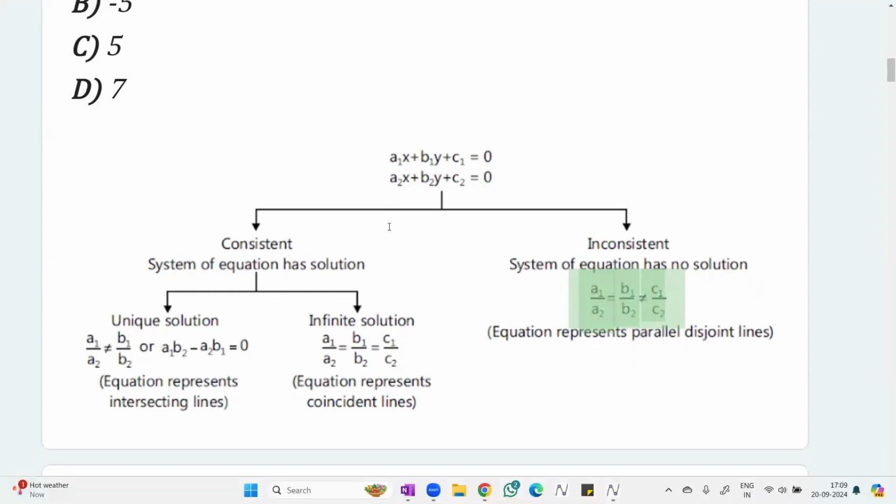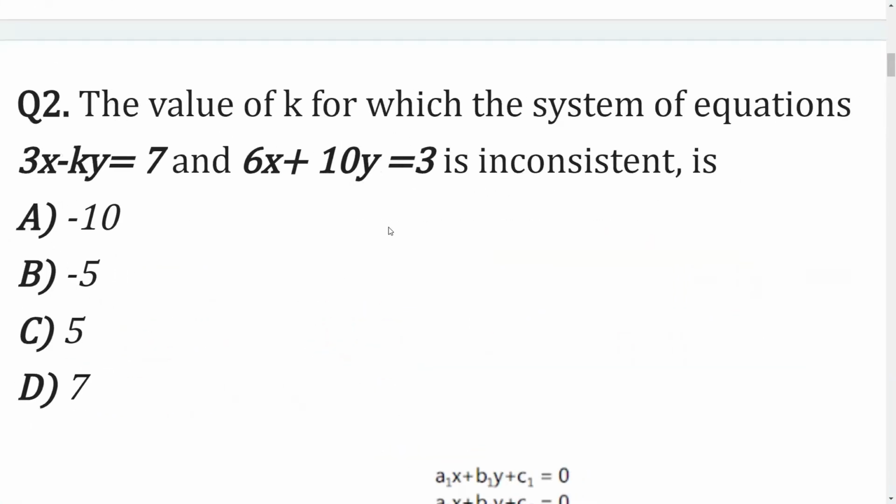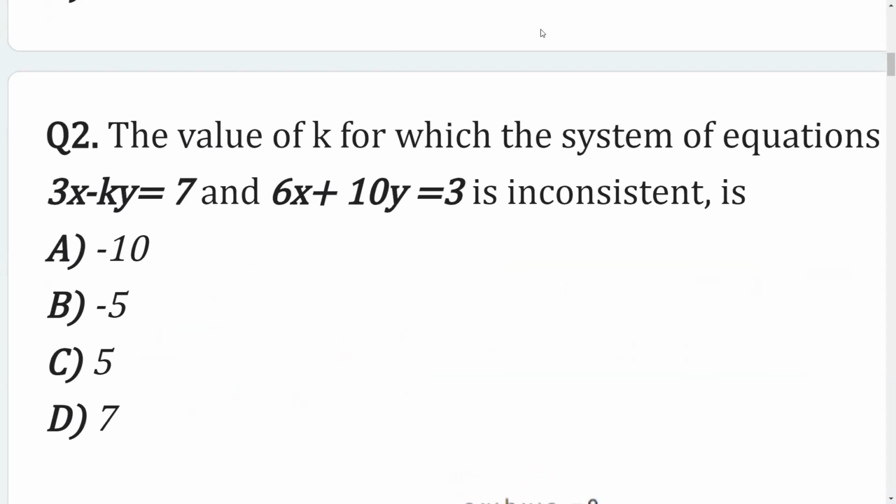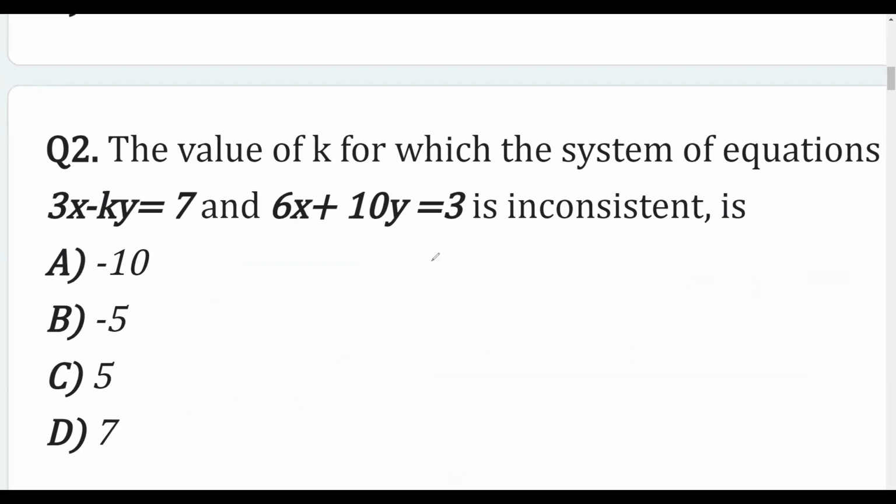Keeping this in mind, for no solution, that is inconsistent, it should be a1 upon a2 equal to b1 upon b2, not equal to c1 upon c2. What is a1?